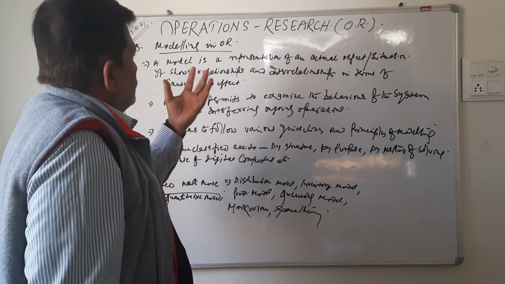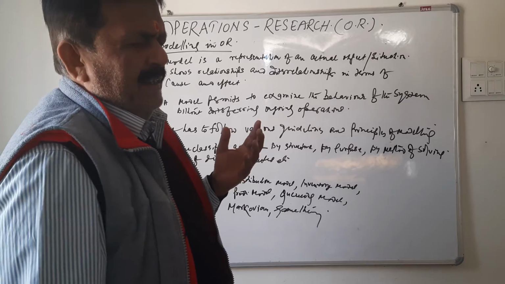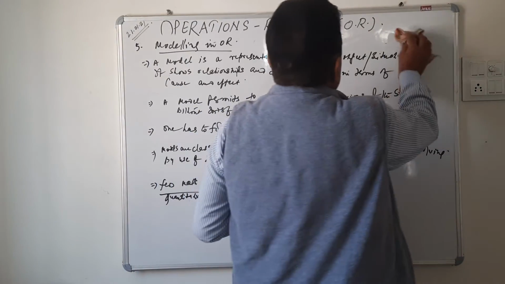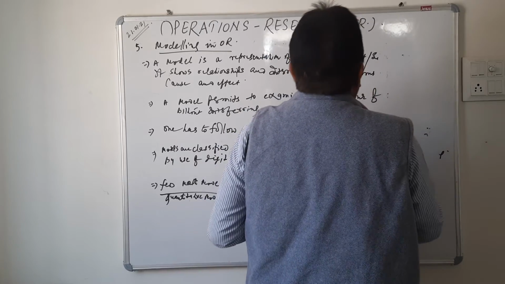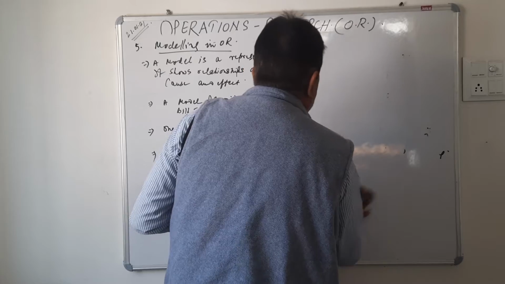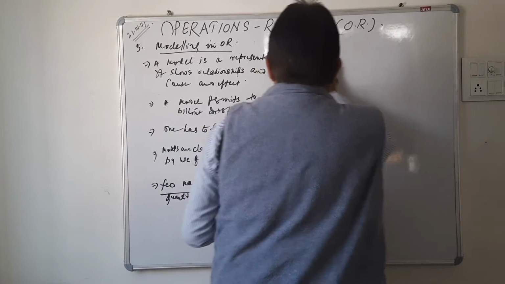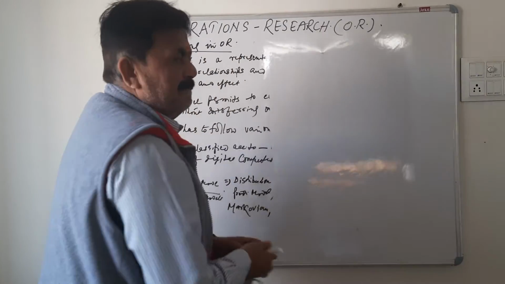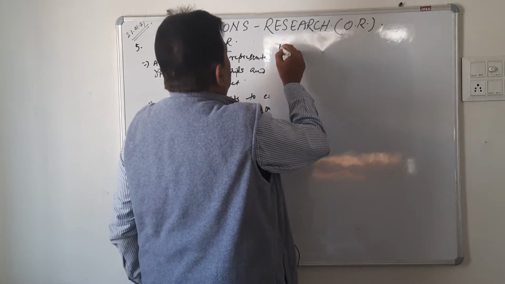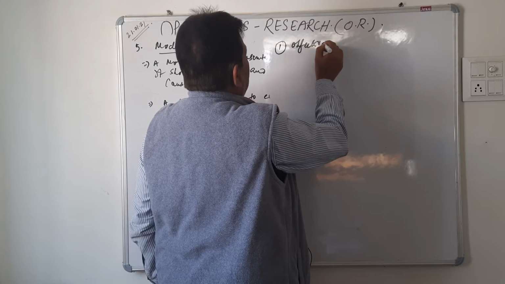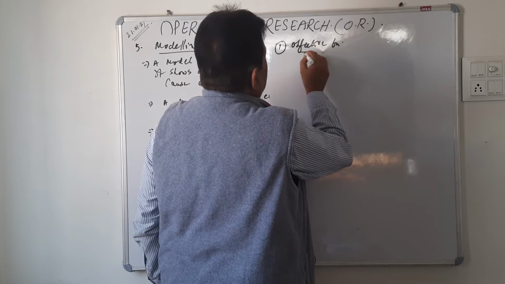Now, the model forming in OR has three parts. And those are, first of all, while formulating the model, the researcher has to define the objective function. So the first constituent of a model is the objective function.